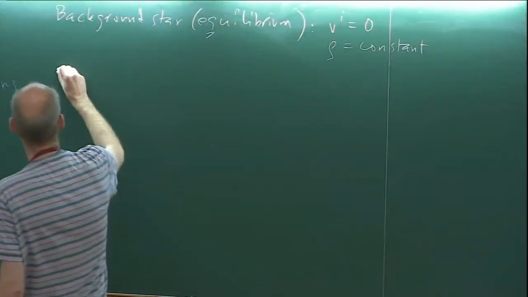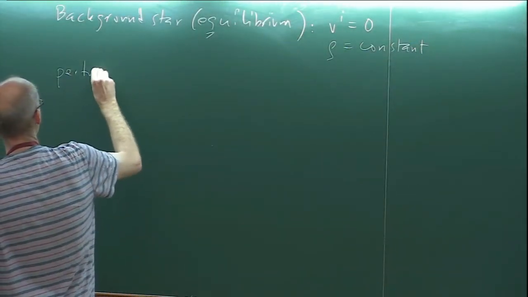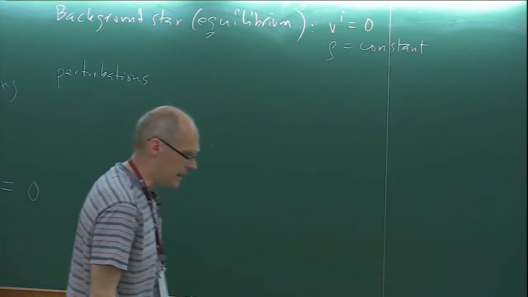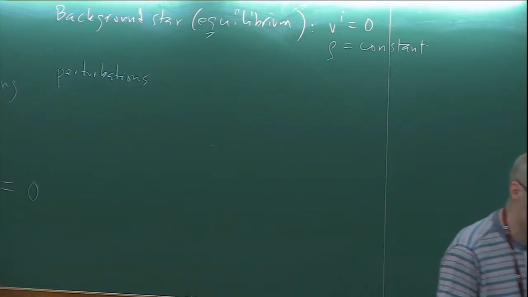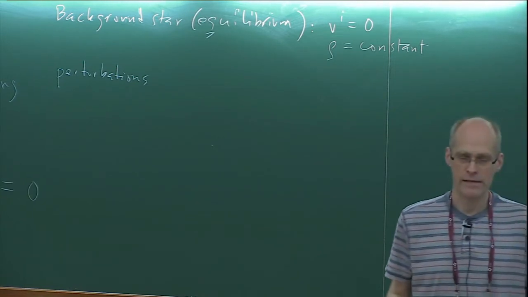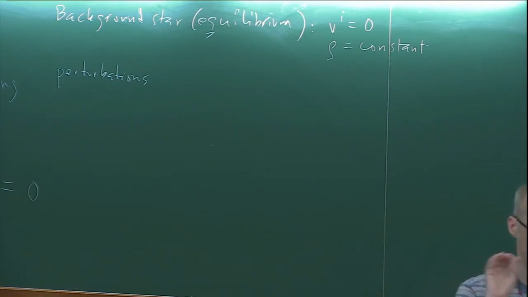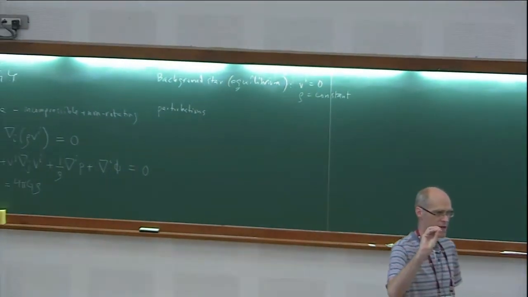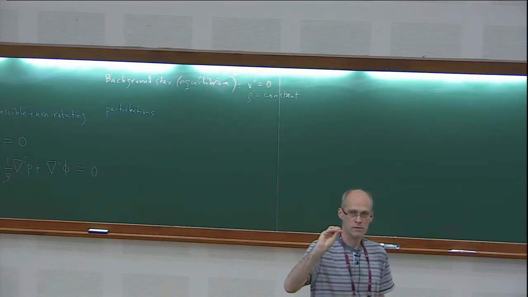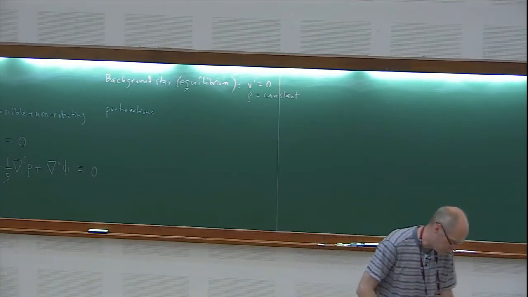Okay, and then we kick this. And now you have two choices. You can either perturb a fluid at a fixed location. So I pick a point in the star and I say, how does each quantity vary at this point? It's called an Eulerian perturbation.